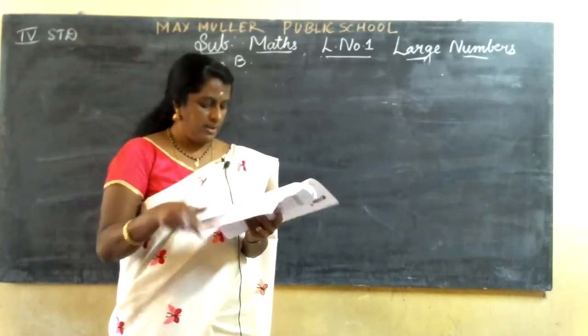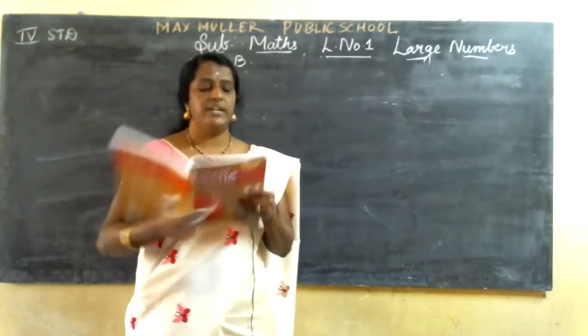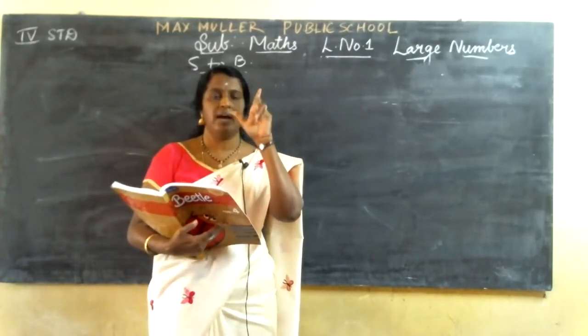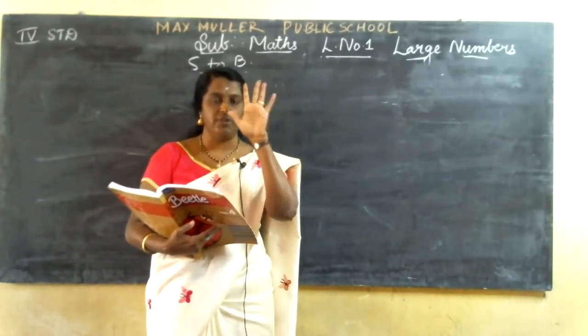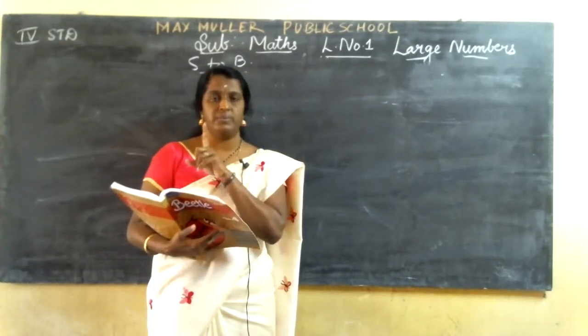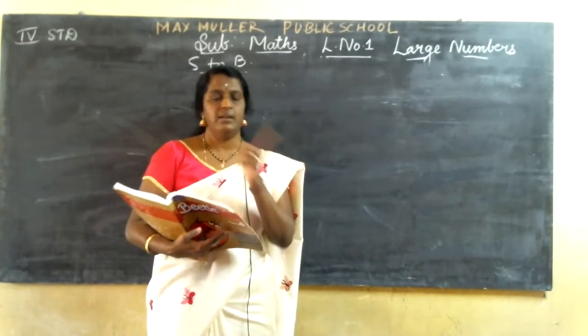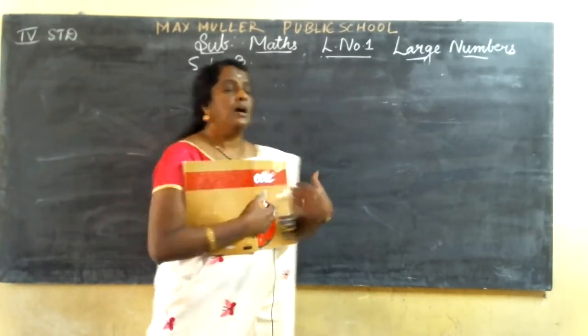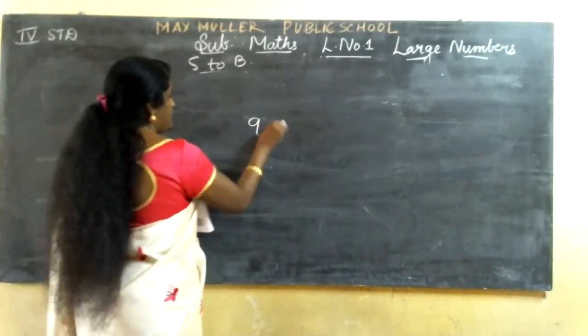Now page number 96. I will just read it out. Now I taught you 5-digit numbers: ones, tens, hundreds, thousands, 10,000. 1-digit number means least 0, and greatest 1-digit number is 9. Then 10, 99, like that. Here, see, the greatest 5-digit number, I taught you.